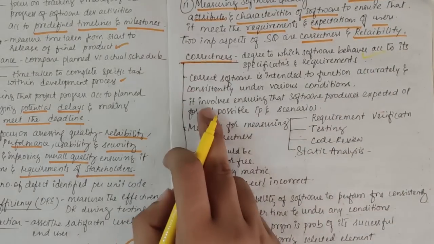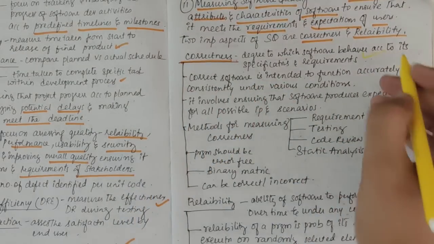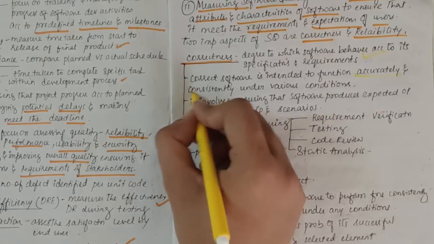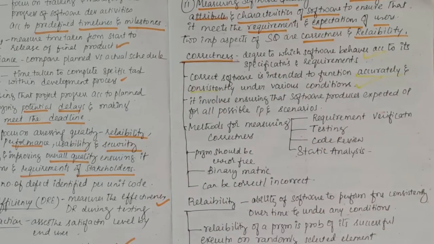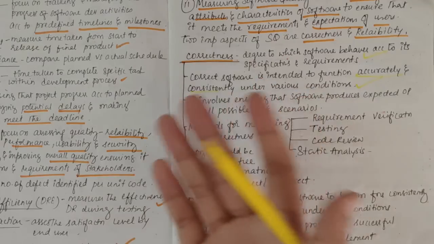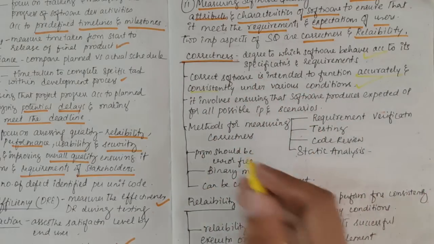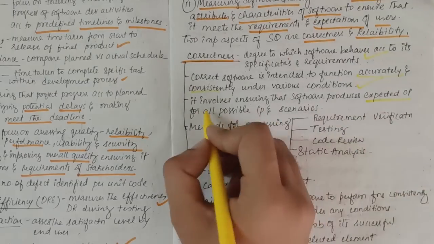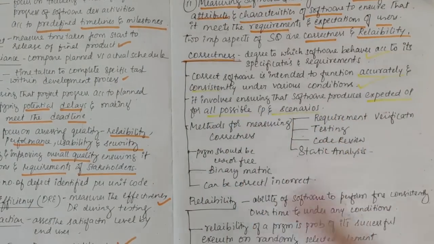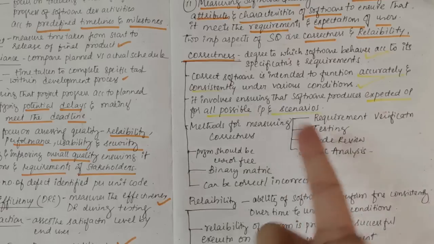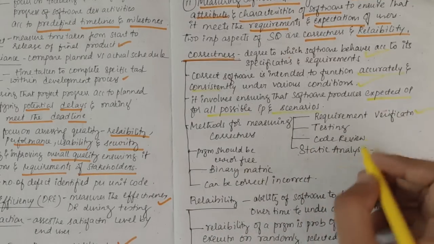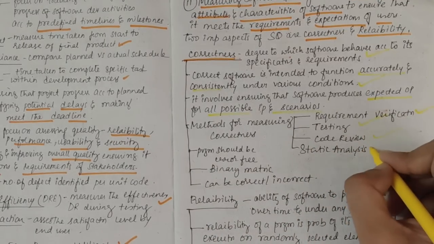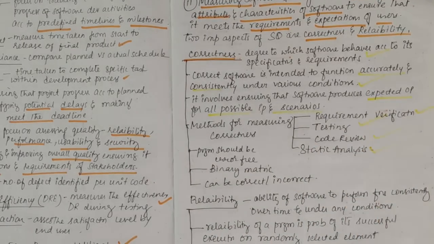Correct software is intended to function accurately and consistently under various conditions. So if the software is proper, it will work under any sort of condition, right? Correctness involves ensuring that the software produces the expected output for all possible inputs and scenarios. The methods for measuring correctness are requirement verification, testing, code review, and static analysis.